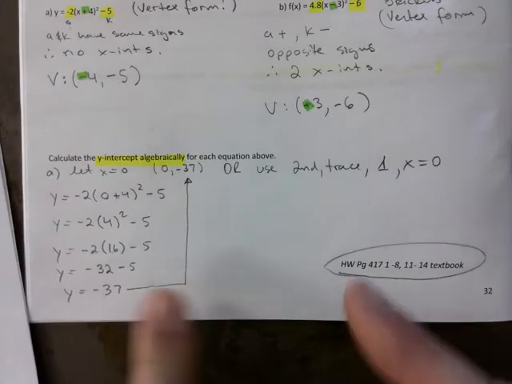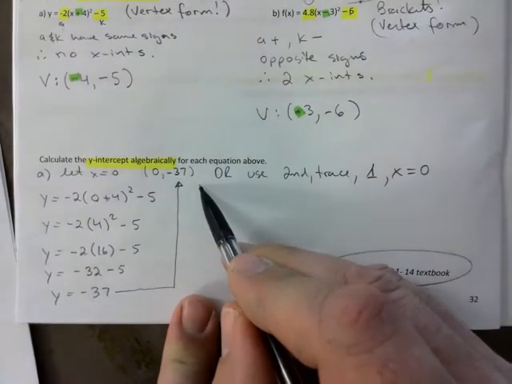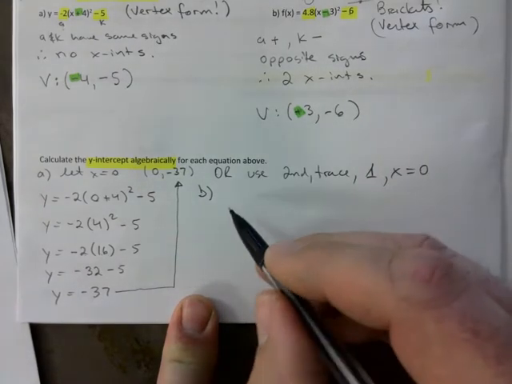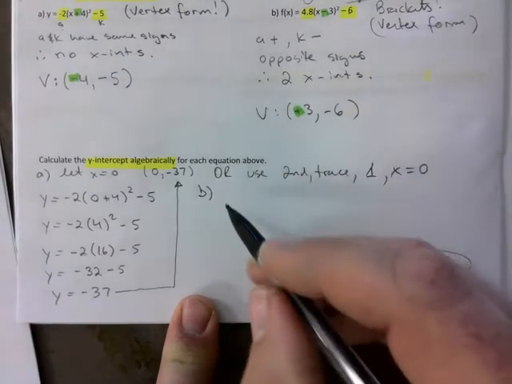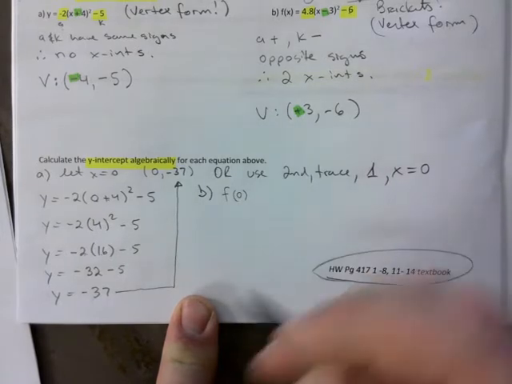Let's do it for that second one here. For b, we're going to be a little tight in terms of space, but that's okay. Watch, it's in function notation. I just want you to see that you don't have to fear it. It's just a little different.